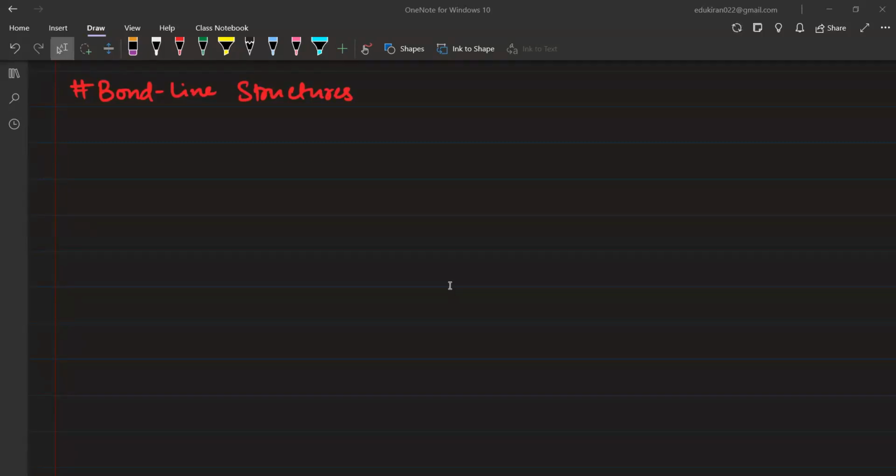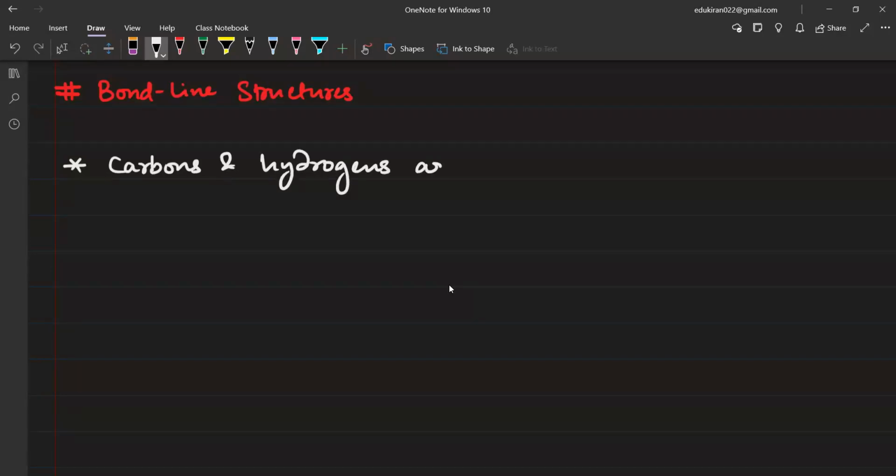Okay. Now for bond line structure, you have to remember a few things. For bond line structure, where should I start? First of all, carbons and hydrogens are not shown explicitly. You will never see carbon and hydrogen, they are not shown explicitly.